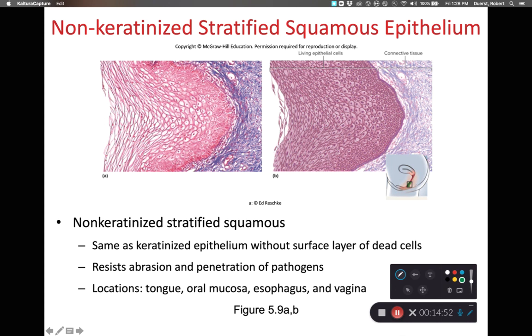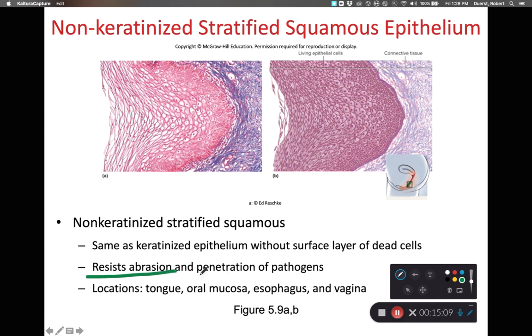We also have non-keratinized stratified squamous epithelium. This tissue type is the same as keratinized, except it doesn't have that layer of cells on the surface filled with keratin. So it's lacking that surface layer of dead keratinized cells.